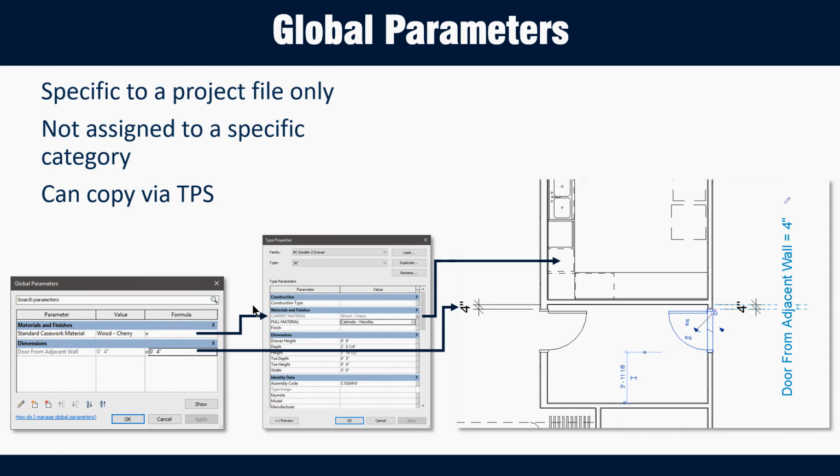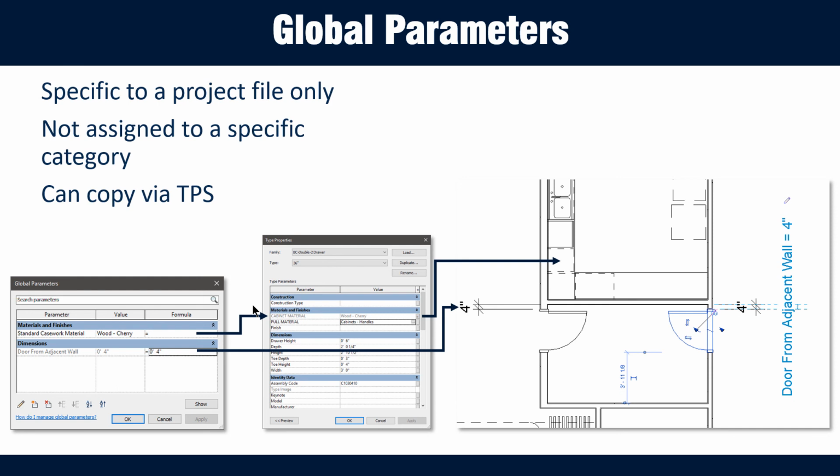All right, so again, global parameters I mentioned before, they're specific to a particular project. They're not assigned to a category, and you can copy via TPS, not TPS reports, like from our favorite movie. It's the transfer project standards, right? So something to kind of keep in mind. So you create a global parameter, you can assign it to multiple categories within a Revit model.